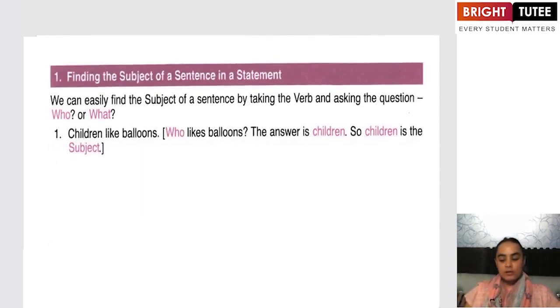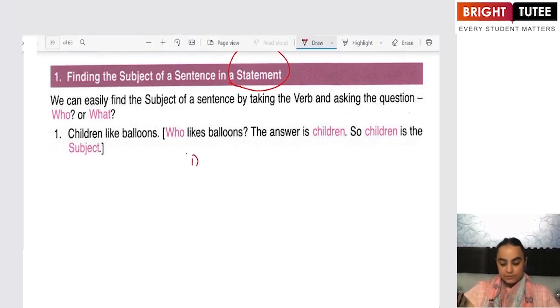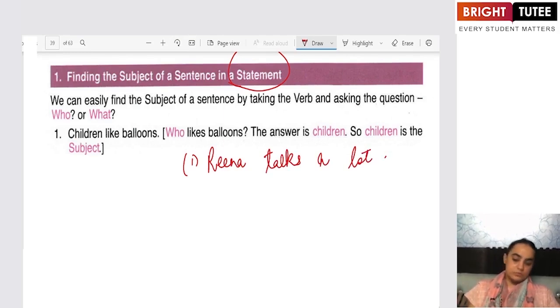Now since we are talking about the subject and the predicate, let us understand how do we find a subject in the different kinds of sentences. First, it is a statement. All the examples that I stated for you were all statements. If I give you more examples, Reena talks a lot.